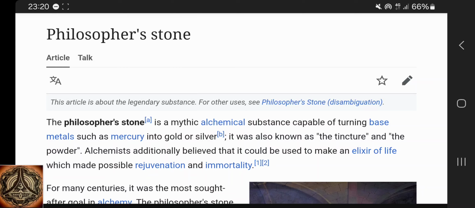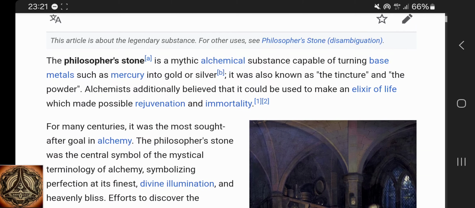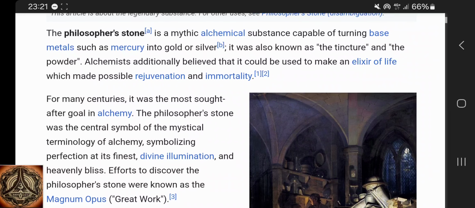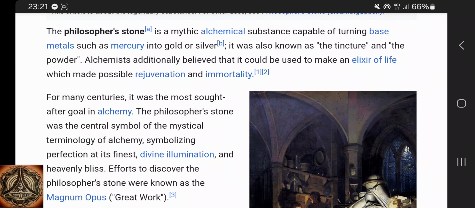The article is about the legendary substance. For other users, see the philosopher's stone, disambiguation. The philosopher's stone is a mythic alchemical substance capable of turning base metals such as mercury into gold and silver. It was also known as the tincture and the powder. Alchemists additionally believed that it could be used to make an elixir of life which made possible rejuvenation and immortality. For many centuries, it was the most sought goal in alchemy.